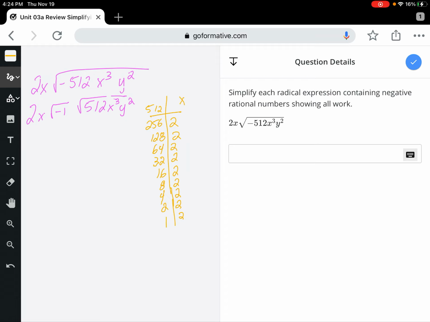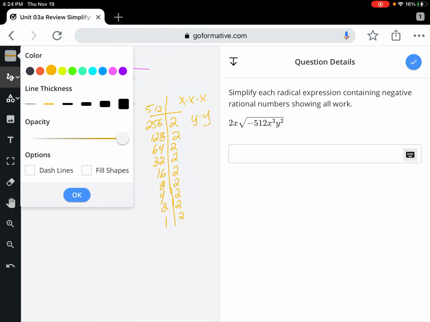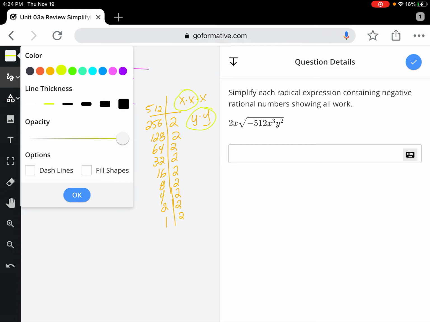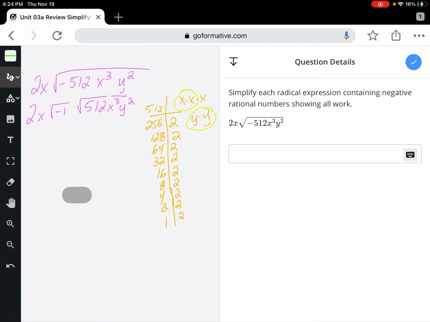Okay. I also have 3 x's and 2 y's. I go through and I circle all the pairs. I have a pair of x's and a pair of y's. Okay. I also have a pair of 2's. So on my outside, I'm going to rewrite this. This is 2x.